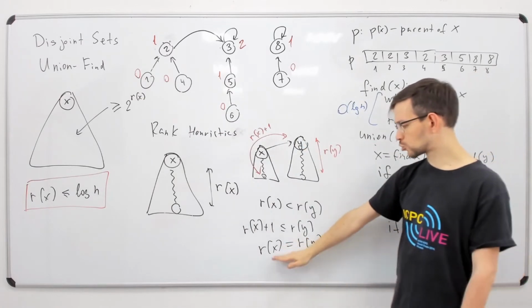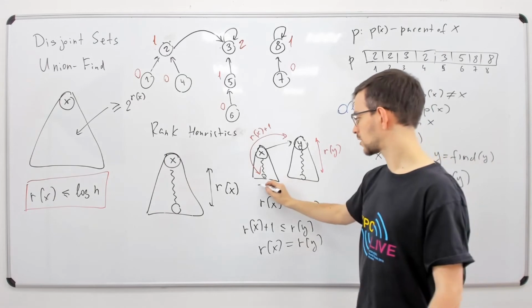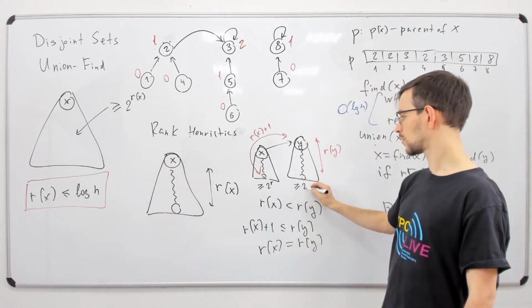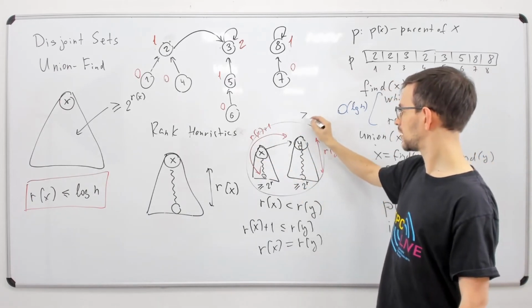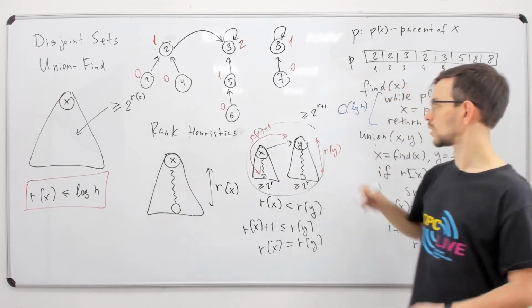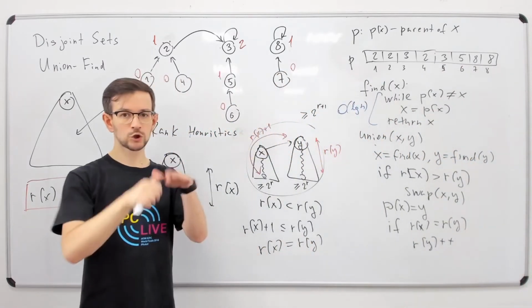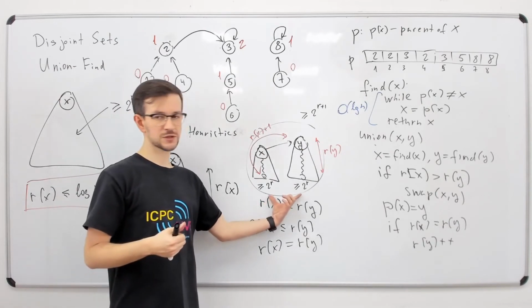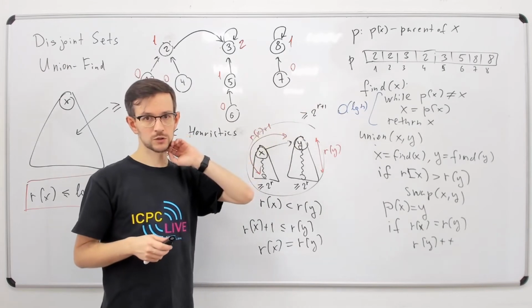And when you merge 2 trees of the same rank, then you have no less than 2 to the power of r elements here, and no less than 2 to the power of r elements here. So the total number of elements will be at least 2 to the power of r plus 1.